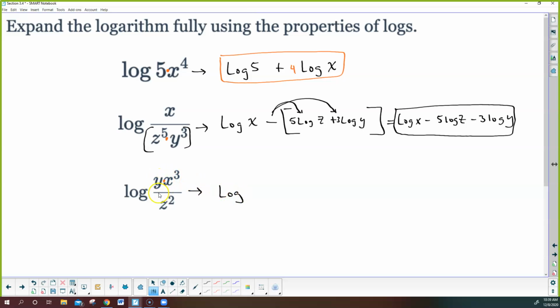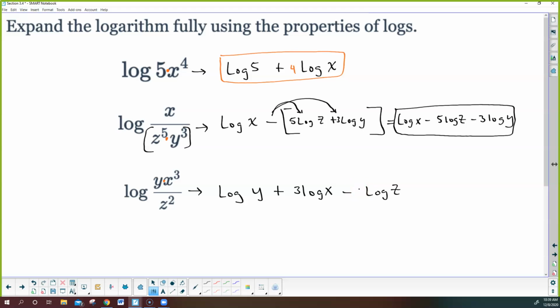So I'm going to do 2 steps in one. I'm going to deal with y times x to the third, and that y times x to the third is addition, right? Because that's the product up top. But instead of x to the third, 3 is going to go out in front. And then the divide is just going to be subtracting at the end the log of z squared.